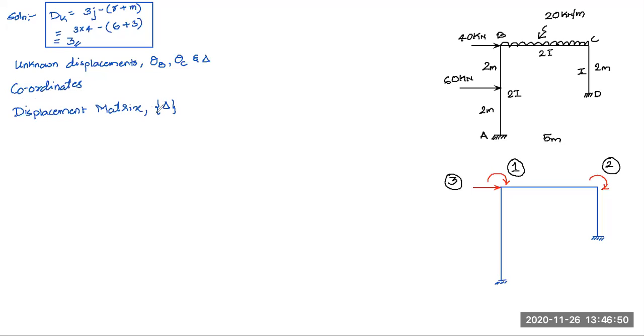What does this delta consist of? The unknown displacements which we have identified here. In the first coordinate theta B, in the second coordinate theta C, and in the third coordinate delta, the sway. So these are my unknown displacements, and that is the first matrix I have got here, the displacement matrix.